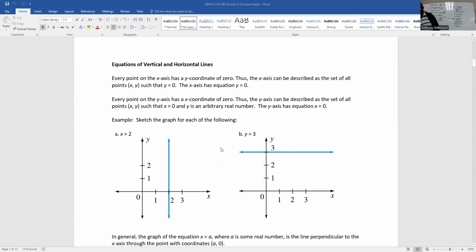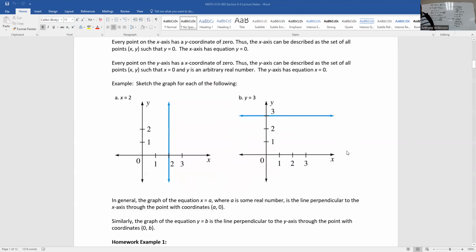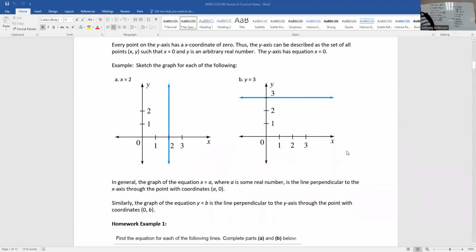Like in these two examples here that I have, x = 2 is just a vertical line going through the x-axis at 2, whereas y = 3 is just a horizontal line going through the y-axis at 3. So in general, the graph of the equation x = a, where a is some real number, is going to be the line perpendicular to the x-axis.